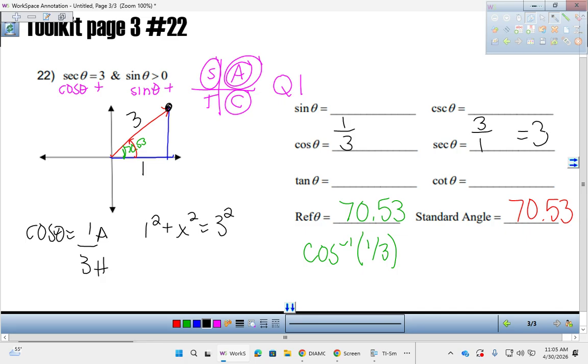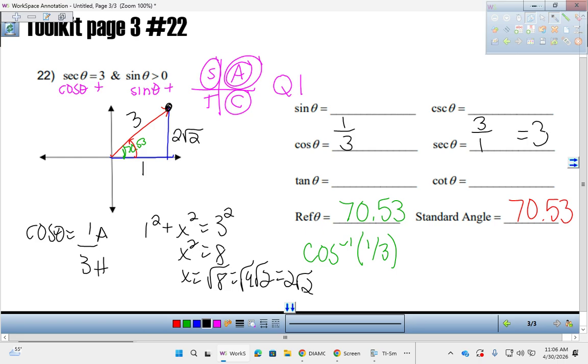So 9 minus 1. X squared is 8. So x is root 8 or root 4, root 2, or 2 root 2. And that's positive because, again, that point is in quadrant 1. It's a positive x and it's a positive y. Right 1, up 2 root 2.